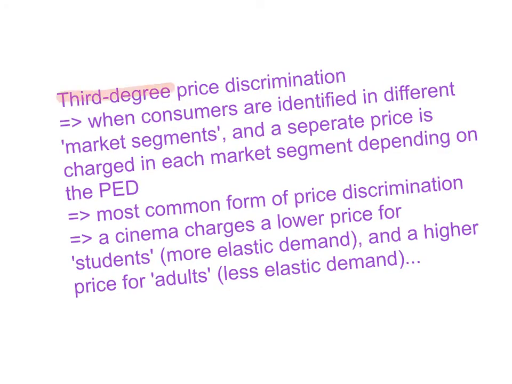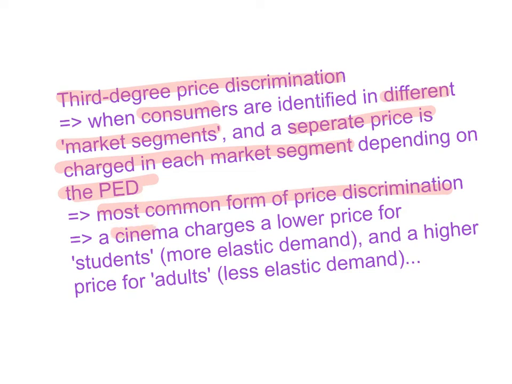Third degree price discrimination is the most common form of price discrimination. This happens when consumers are identified in different market segments, and a separate price is charged in each market segment depending on the price elasticity of demand of the consumers in that market segment.